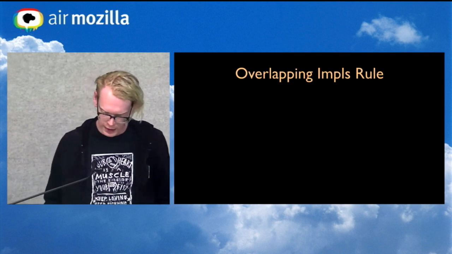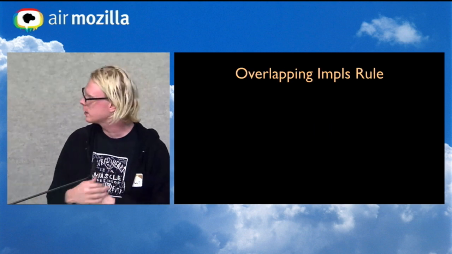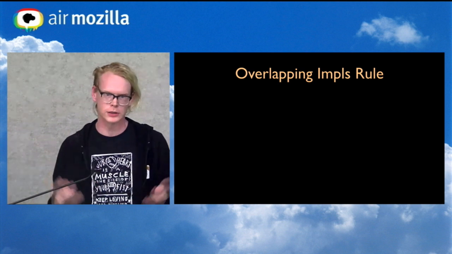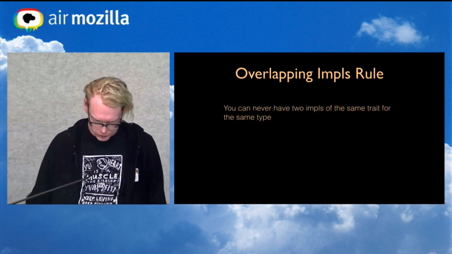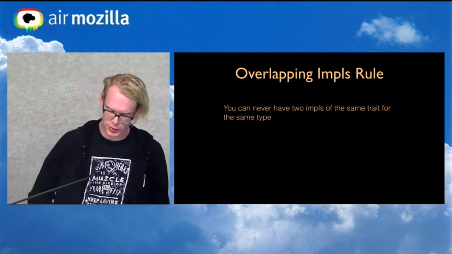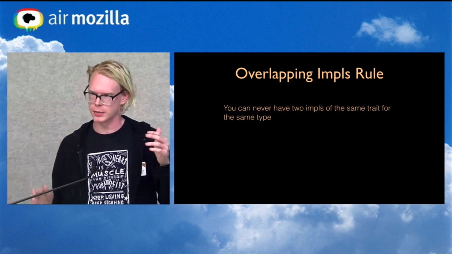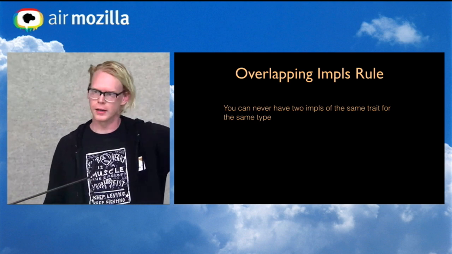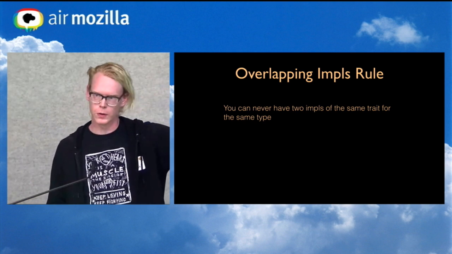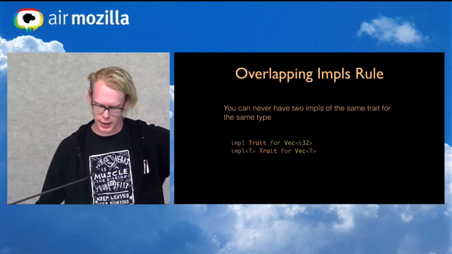And the way that we provide coherence, or the way that Haskell does and the way that we do right now, you just have this overlapping impl rule where you can't have two impls of the same trait for the same type. So two Hash for I32 impls, you just can't compile that. The compiler will tell you those are overlapping and they're disallowed.